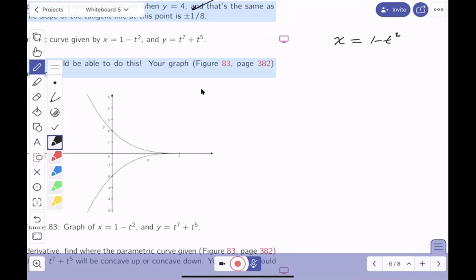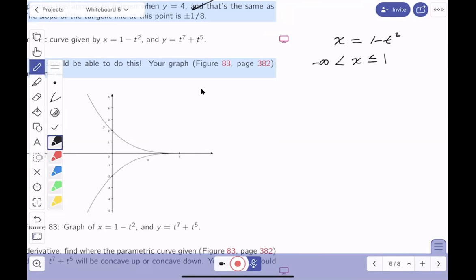Now, certainly what I know about the x, looking at it, is that the most it could be is 1. And then what happens? Well, the t starts to pull it towards minus infinity. So it's got a nice little range for the x's.